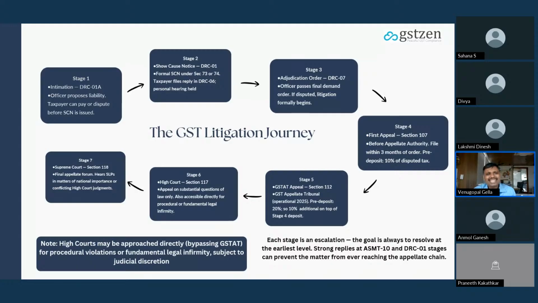At this point, before you go to the appellate authority, you have to pay 10% of disputed tax. Whatever the tax you are disputing, 10% of it. If it is ITC, 10% of the ITC, right? If there is nothing disputed, you have to pay 100% of it and you can still go for an appeal. So the disputed, you have to pay 10% and you will file an appeal.